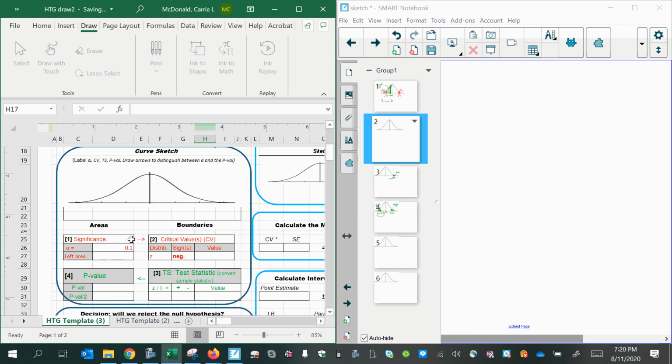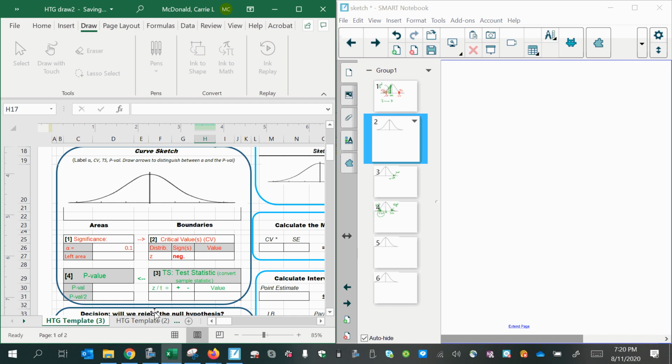So the curve sketch is going to be completed when we have marked it with the significance area and its corresponding critical value boundary, and the test statistic boundary, which is where we take our sample proportion and turn it into a Z-score. And that boundary will have an area attached to it called the probability value.